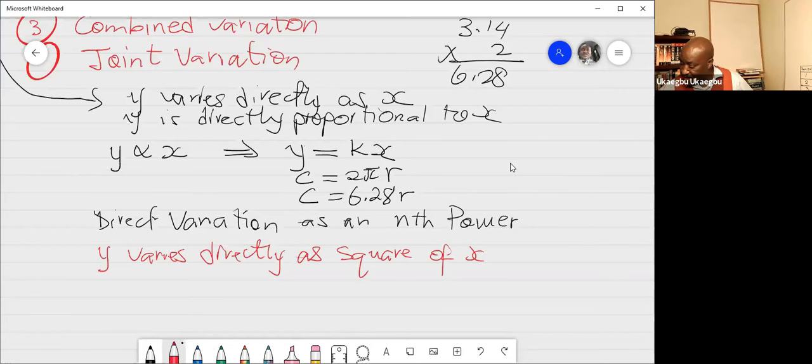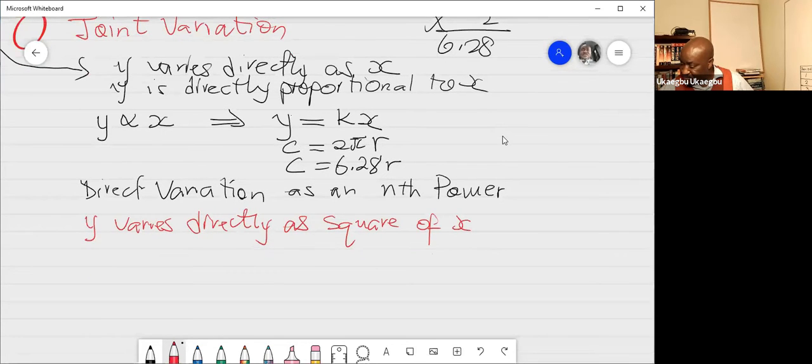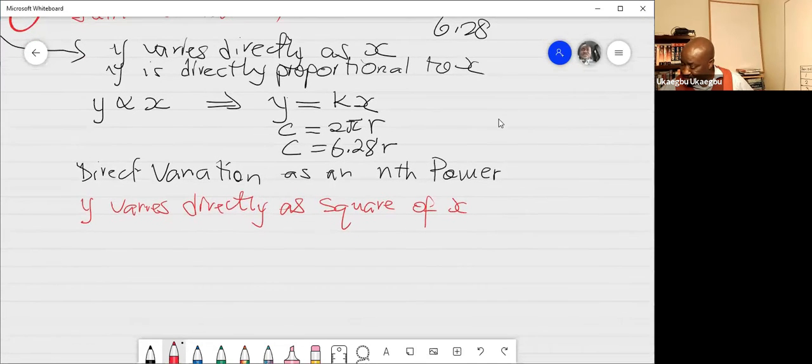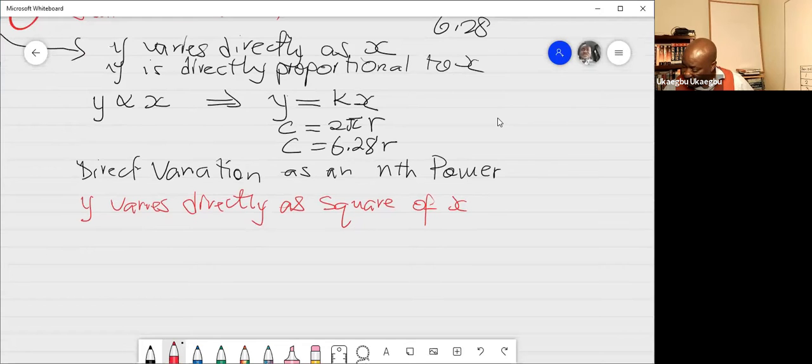Okay, so now if we write it using mathematical symbols, y varies as x squared. In that case, it follows that y is equal to kx squared.